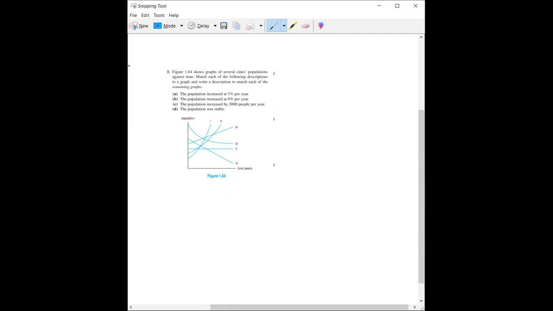Okay, so we have a bunch of different cities and a ton of different graphs. I say we start with number D. Where is the population stable? Number 5.